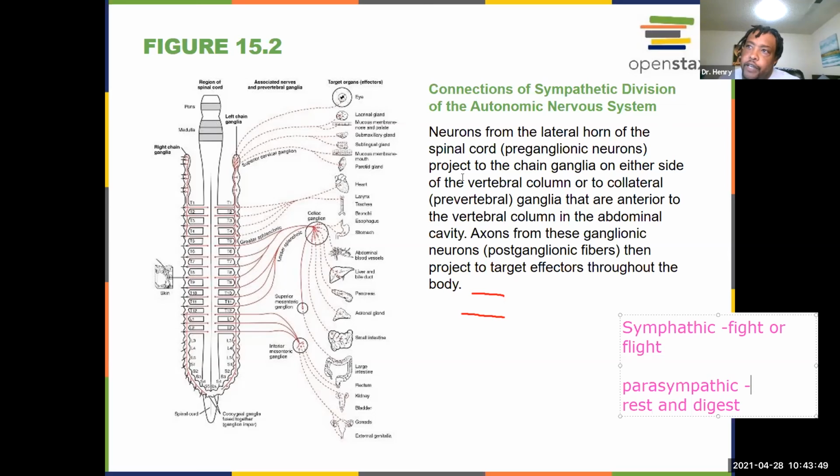And again, you have a much better picture in your book, so you'll get an idea of the projections and the projected components. And then if you take a look at the axons from the ganglionic nerves, they're going to be projected to their target effectors. And that's going to be the organs that we're going to be looking at. Okay.